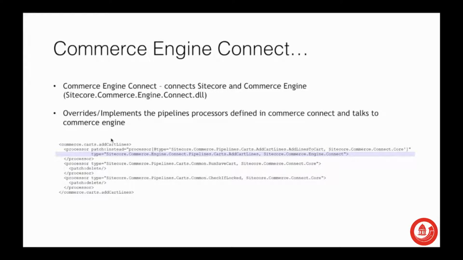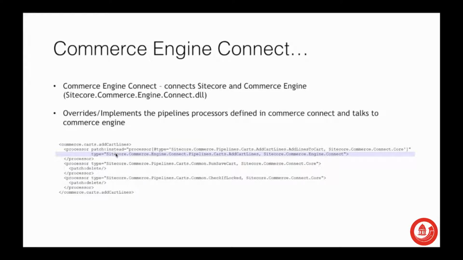Like I said, some of the pipelines are intentionally left blank, so these are supposed to be implemented by our custom code if you are using Sitecore commerce engine. But if you are using Sitecore Experience Commerce 9, you don't have to do any customization, because commerce engine connect is already provided to you by Sitecore as part of Sitecore Experience Commerce. We can take a note here. For example, when the user adds an item to cart, this particular processor gets invoked.